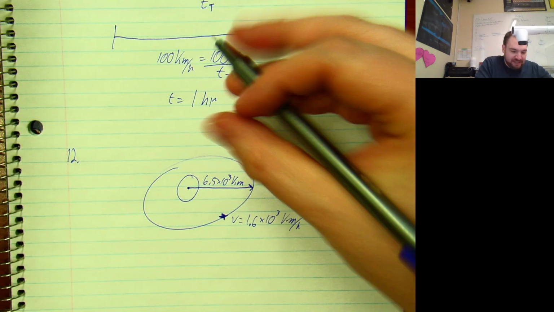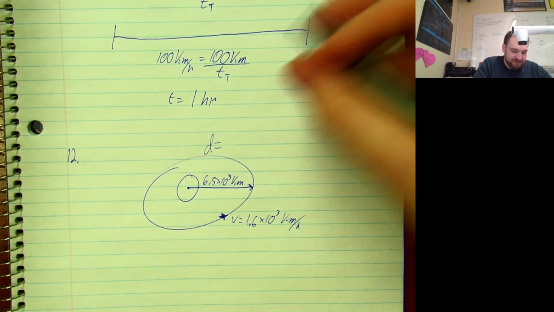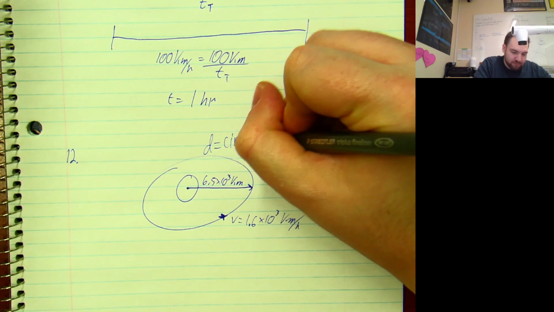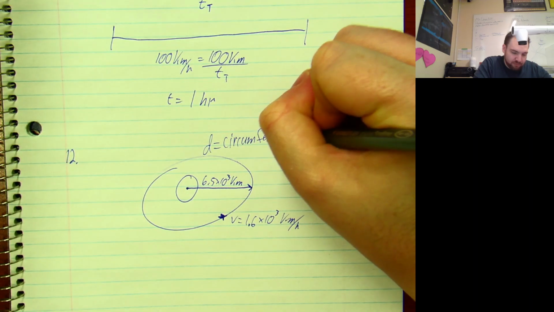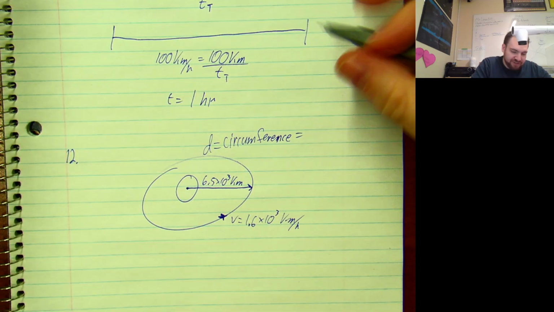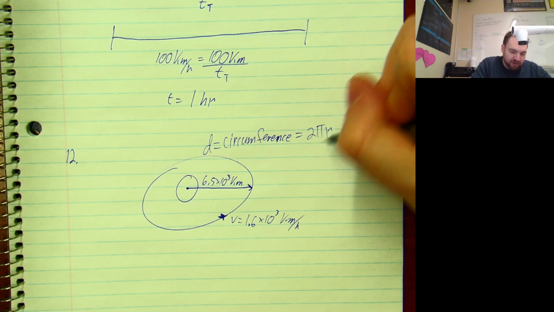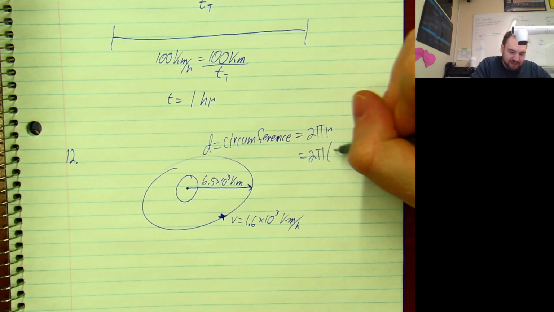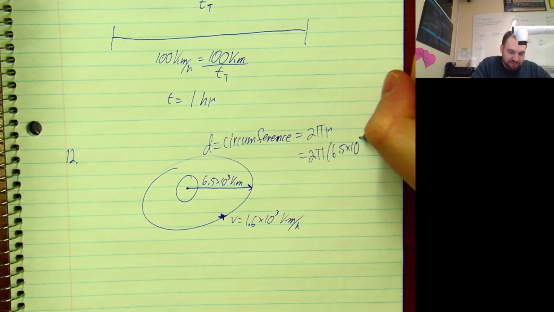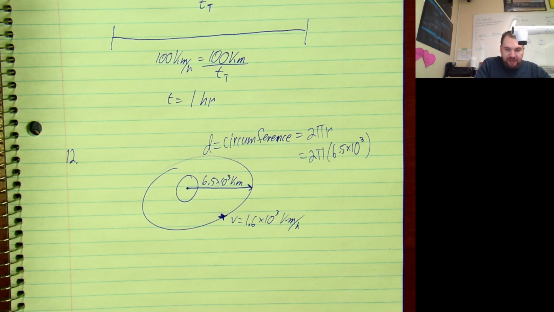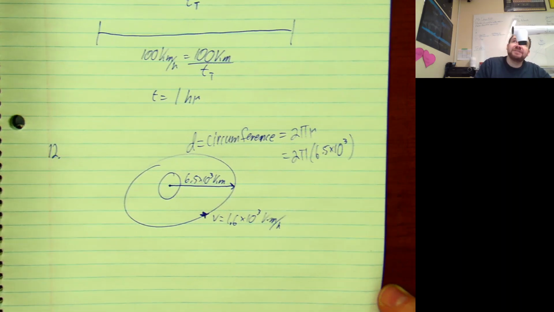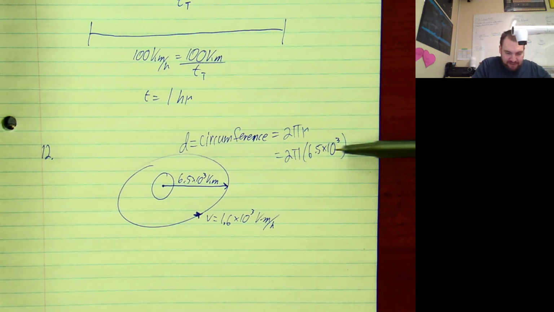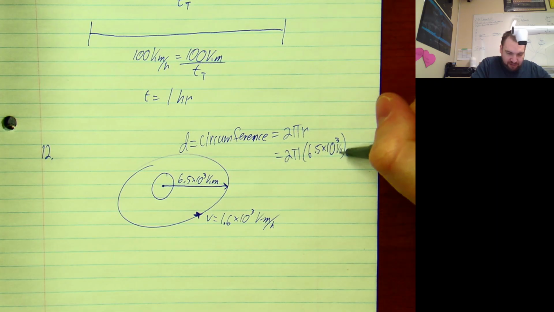So the distance here is just going to be the circumference of the circle. So that's just going to be 2 pi r. So it's going to be 2 times pi times 6.5 times 10 to the 3. So then the time, how many hours does this take? Because this is given to us in kilometers, I think.